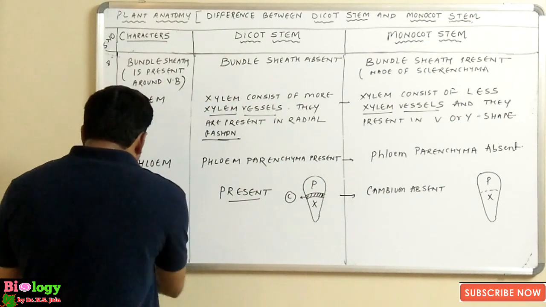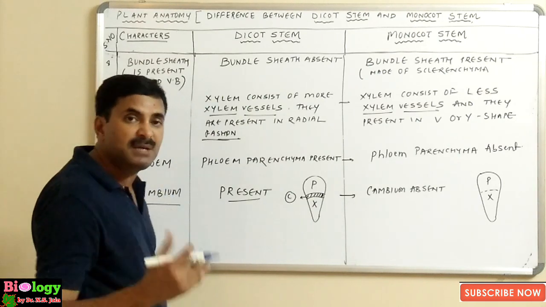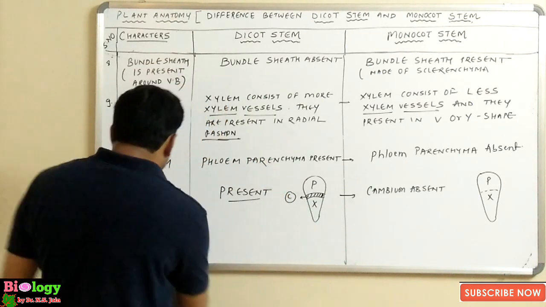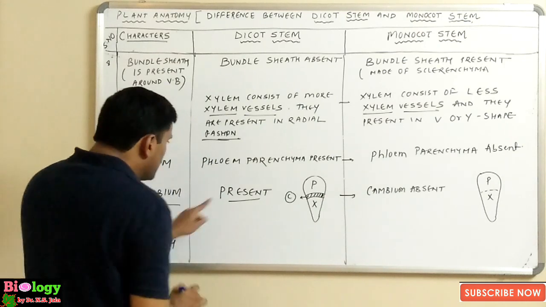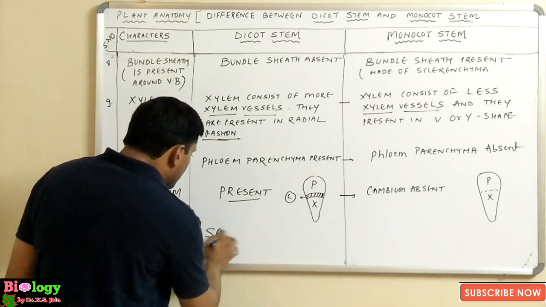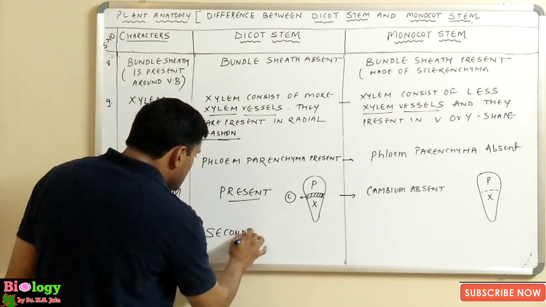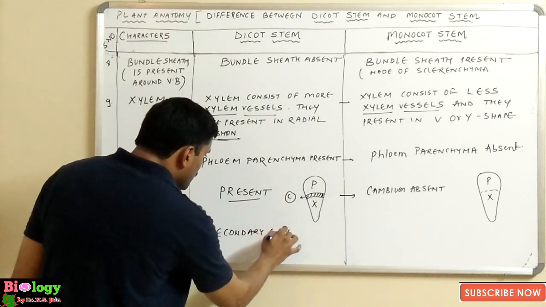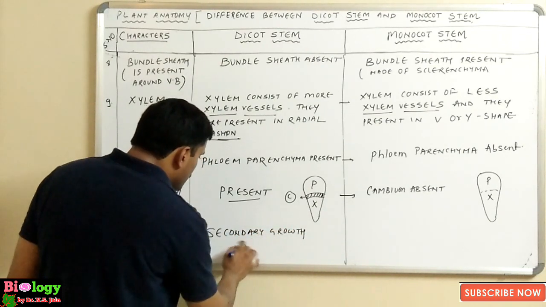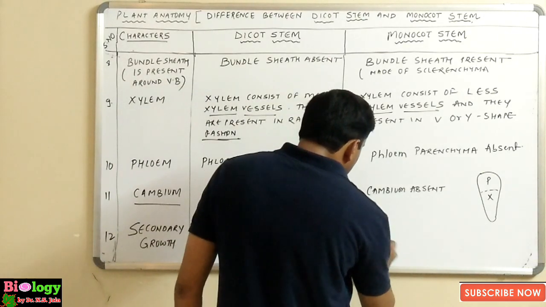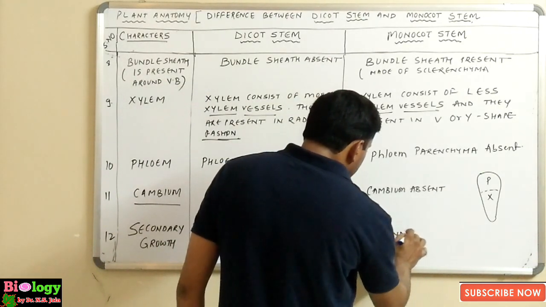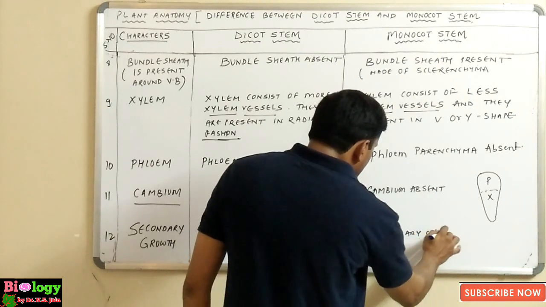Okay, now coming to the next one. As we know very well cambium is responsible for the secondary growth. So let's have a look whether secondary growth will be present in the monocot or the dicot. So secondary growth. Now as we know very well here cambium is present, and that's why secondary growth occurs in the case of the dicots, while here secondary growth is absent.